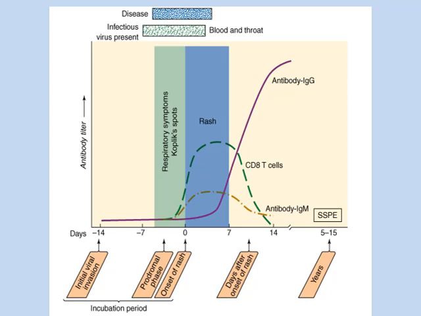All of this incubation period includes primary viremia, then secondary viremia, then development of symptoms, the development of rash and other symptoms. Years after the virus infection, after subsiding of the virus and disappearance of signs and symptoms, there might be development of CNS complications. We will talk about this.